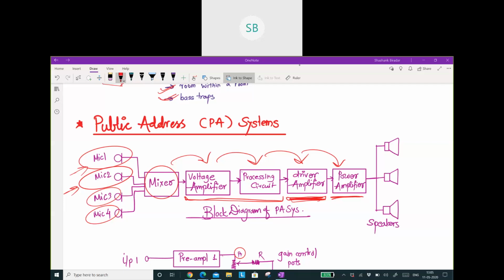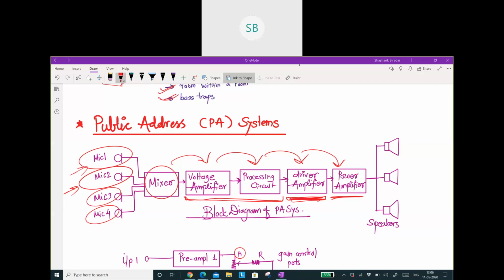In first year or second year, you have come across the theorem called the maximum power transfer theorem. Can you just recall the statement of the maximum power transfer theorem?